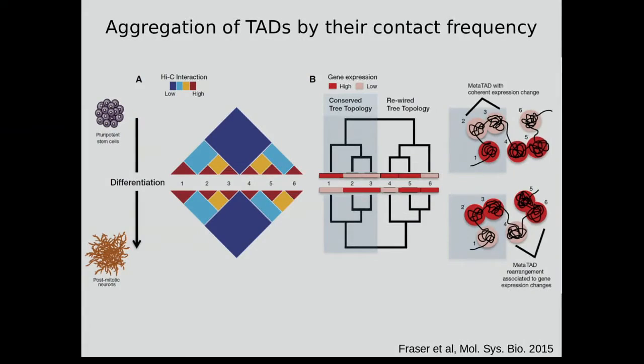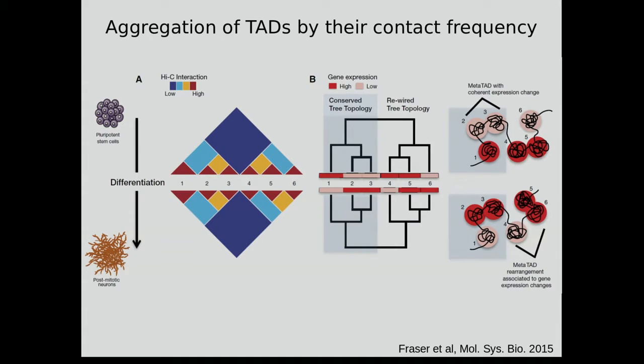More recently, there was a paper from Anna Pombo and Mario Nicodemi lab where people have been looking at differentiating cells, and there the approach was to use TAD segmentation, flat segmentation, as a first approximation, and then aggregate them up.